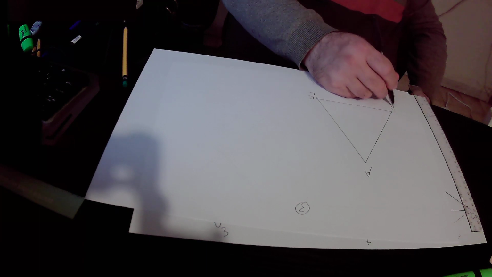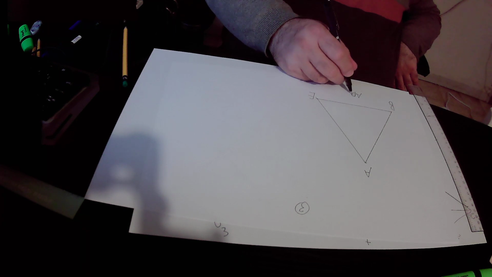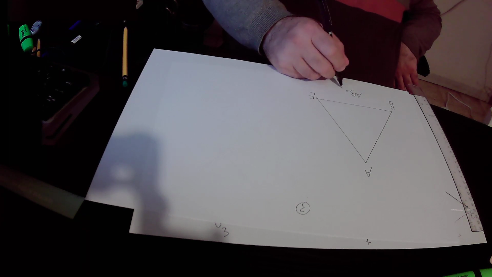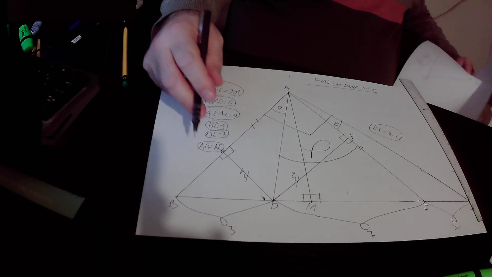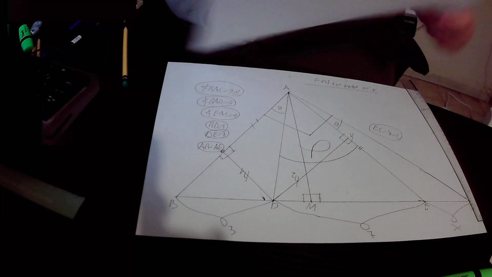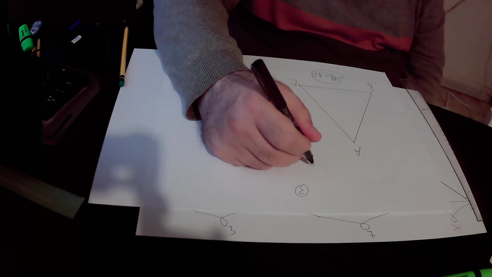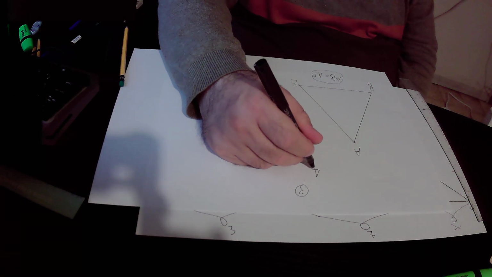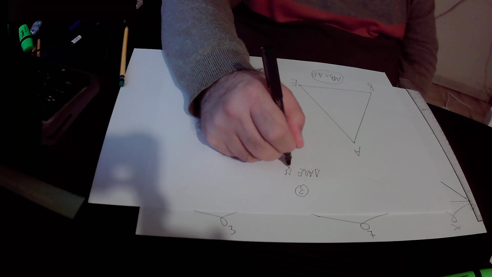And in triangle ABE, it is given in the question that AB is equal to AE. Here, we know that AB is equal to AE. And because AB equals AE, we will conclude that triangle ABE is an isosceles triangle.